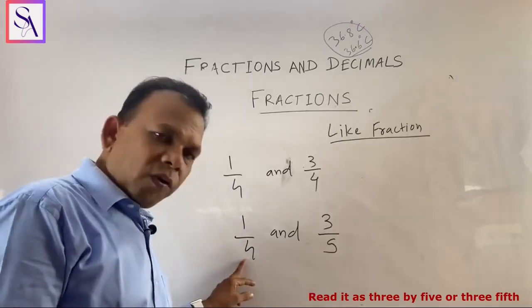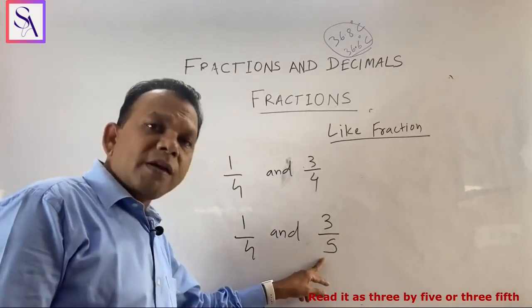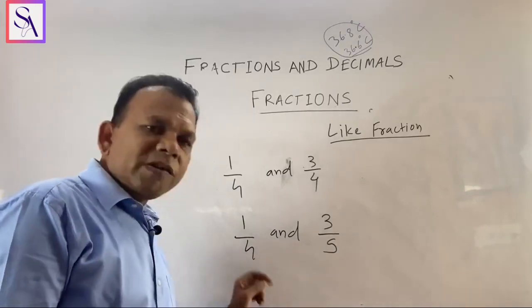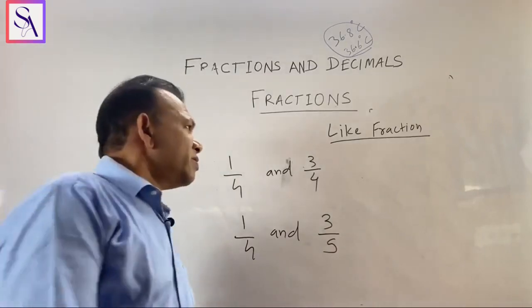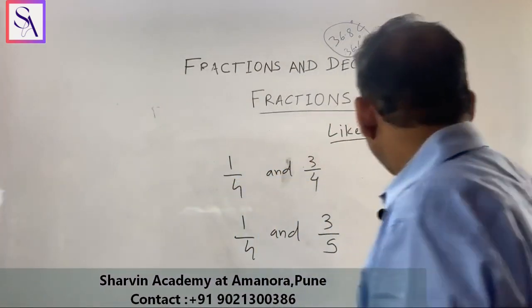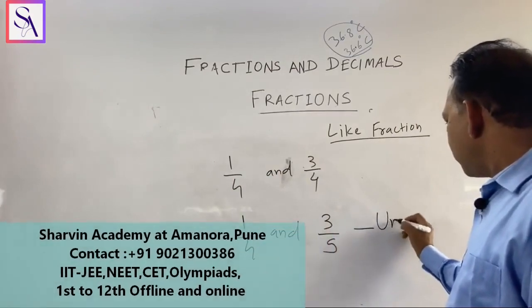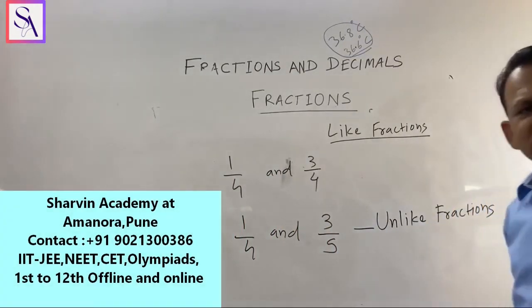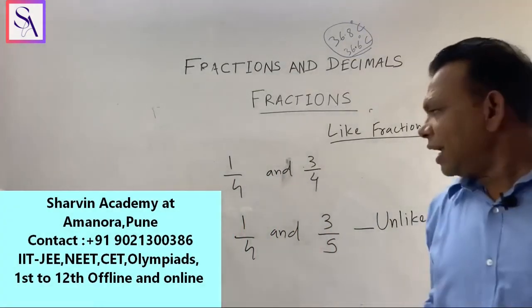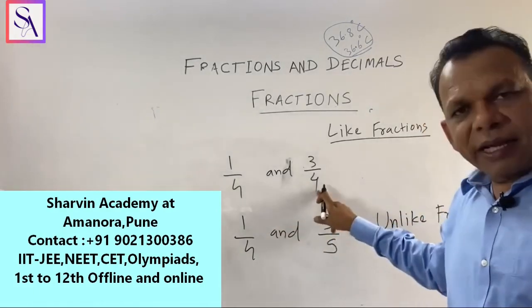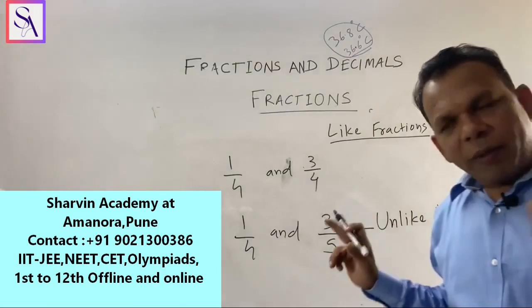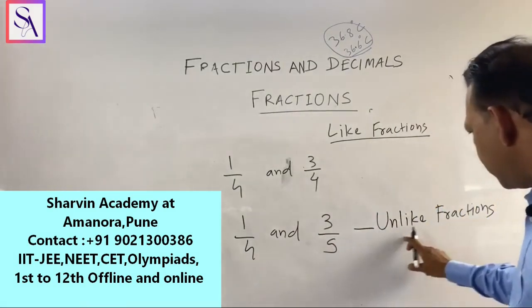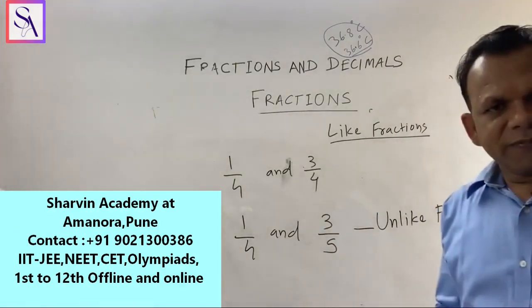Here denominator is 4 and here denominator is 5. So both are not same. So they are not liking each other, right? It means that they are unlike fractions. These two are unlike. So what is the criteria for like and unlike? If denominator is same, then they are like fractions. If denominator is not same, then they are unlike fractions, right?